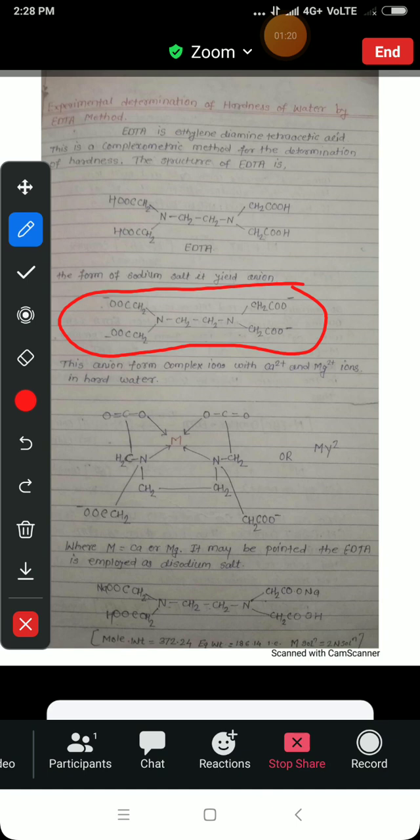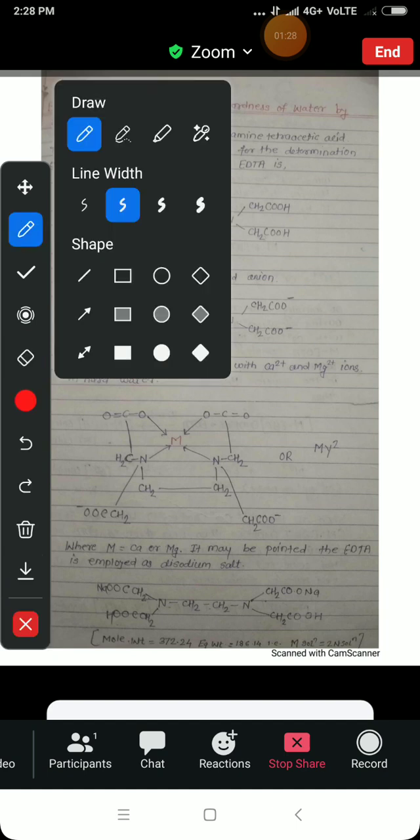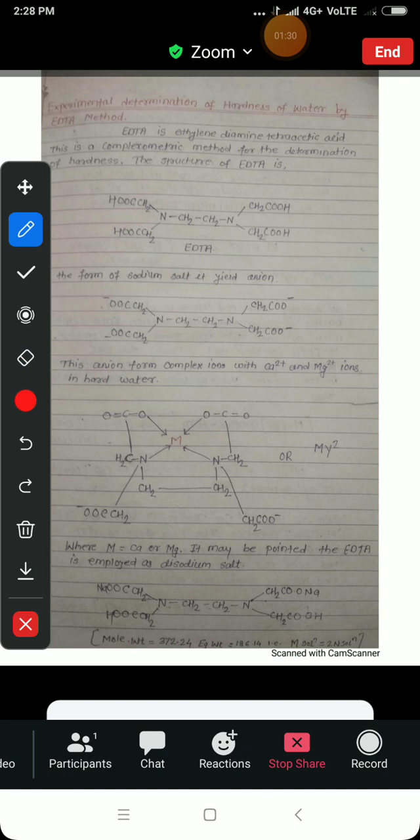Now EDTA is a hexadentate ligand. What is meant by hexadentate ligand? This EDTA attaches to the central metal, like calcium and magnesium, which are present in water. So it forms a complex with the calcium and magnesium present in water. Its denticity is 6. That means it attaches to the central metal at 6 points.